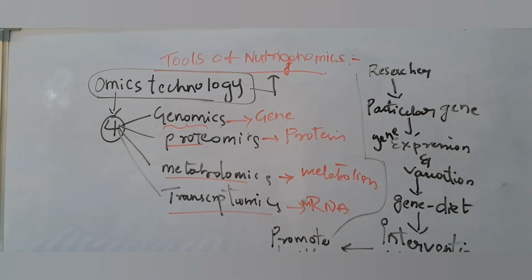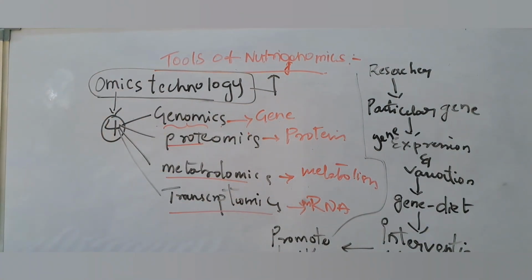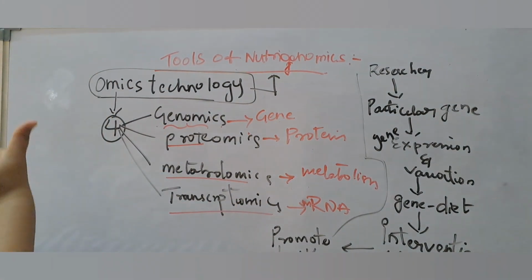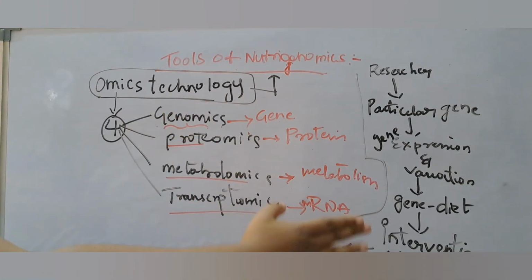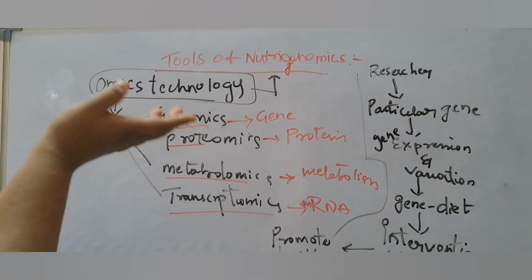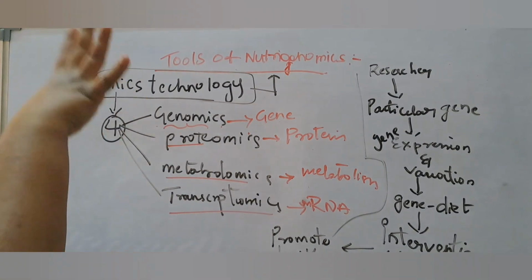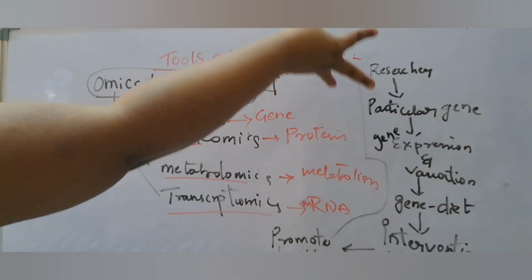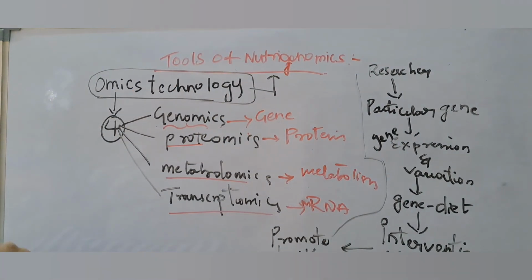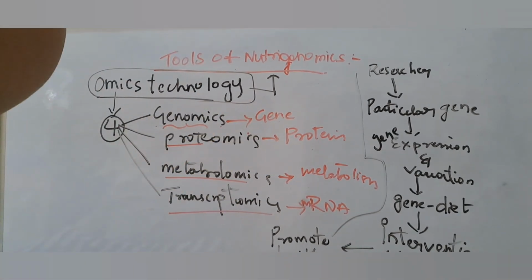First he or she will identify the particular gene, whether he is expressing or showing any variation to a particular diet, and then after knowing that he will intervene with the strategy and say whether you have lactose intolerance or not. It is not only through the gene but also through biochemical parameters. Prior to knowing this, he will include this technology. So that is the main analysis of the tools of nutrigenomics.